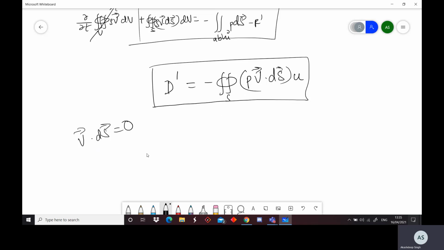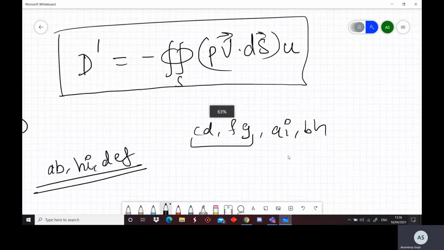So there will be no contribution from AB, HI and DEF towards this expression. What remains is CD and FG, and also AI and BH. CD and FG, although not 0, are adjacent to each other, as you can see in the diagram I showed before, the problem statement itself.